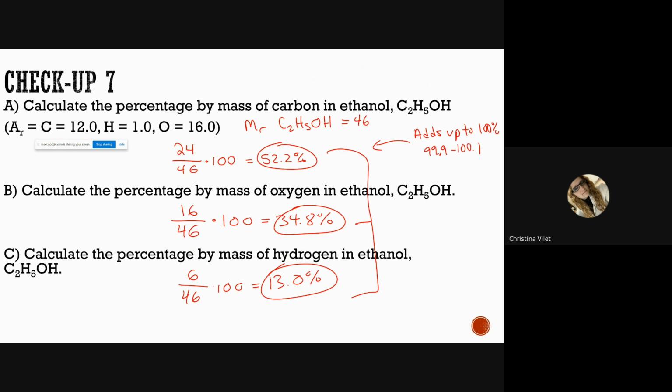Meaning you could round a little bit on either side. So if you rounded off by 0.1, it's okay in the final answer. If it all adds up to 99.9, it means that the rounding is okay. It's not that you did it wrong. So this does add up exactly to 100%.